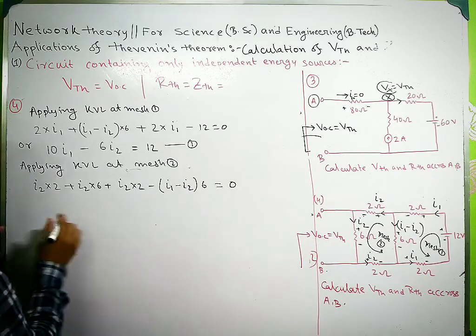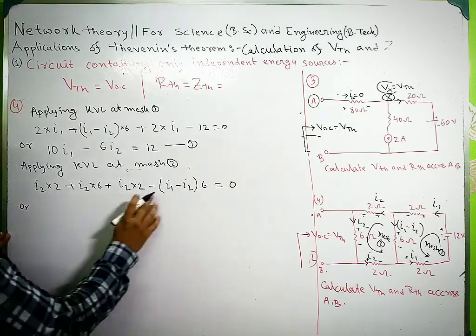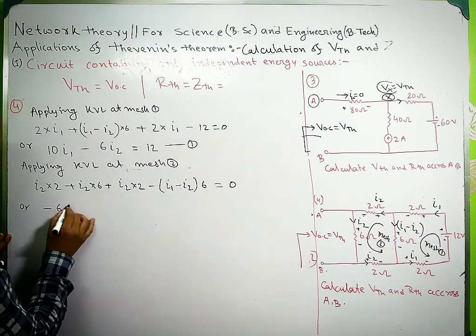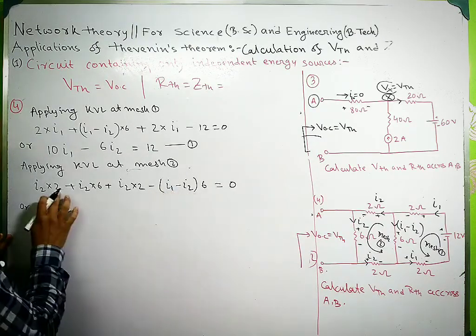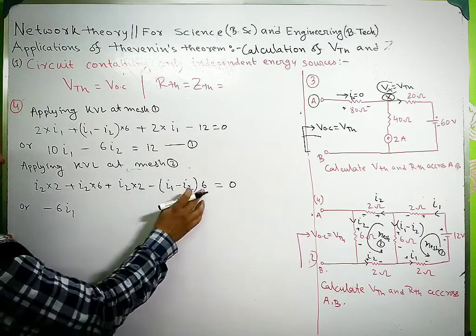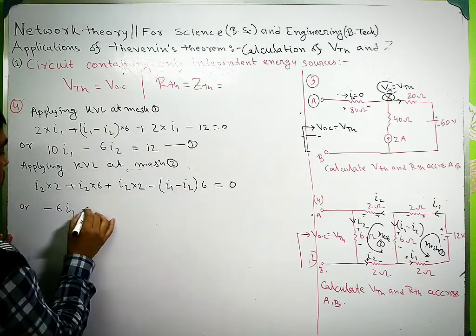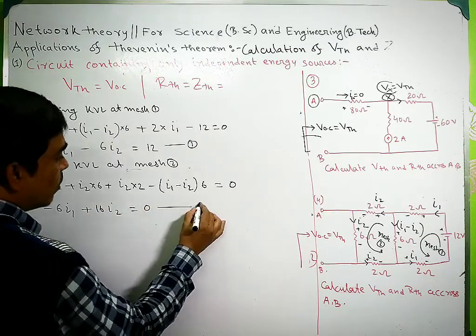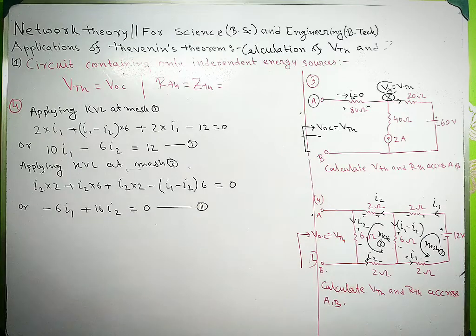From this you can calculate that this is minus 6 I1, and 2, 6, 8, 10, plus 6, so it will be plus 16 I2 equals 0. This is equation number 2.